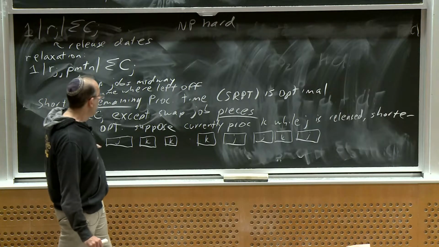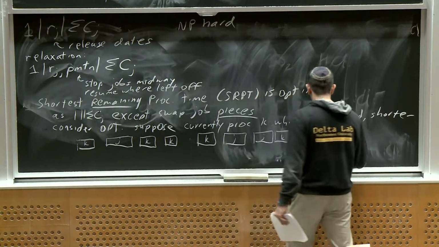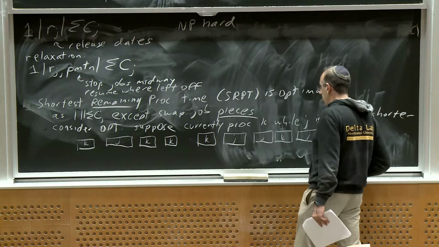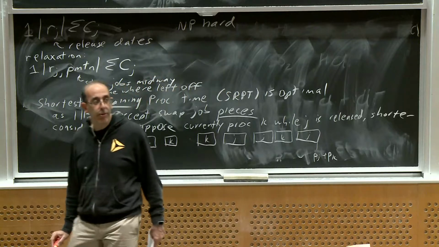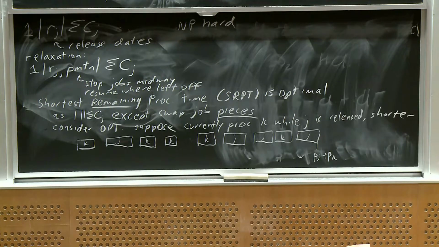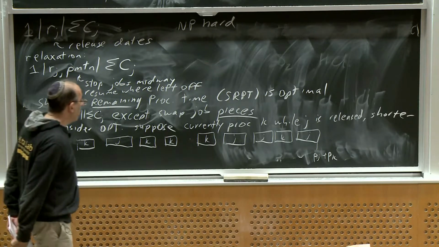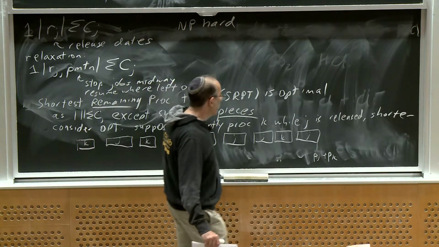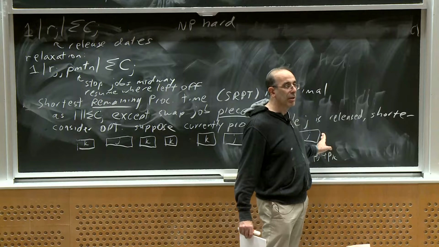Right. So in total, up to here, we're spending PJ plus PK work on these two jobs, right? Note also that however we rearrange this work, one of the jobs is going to finish here, right?